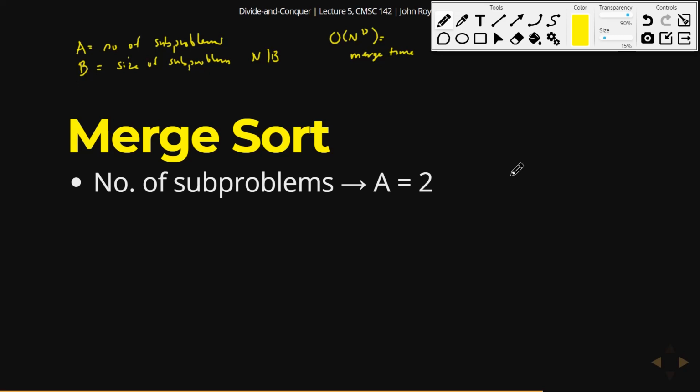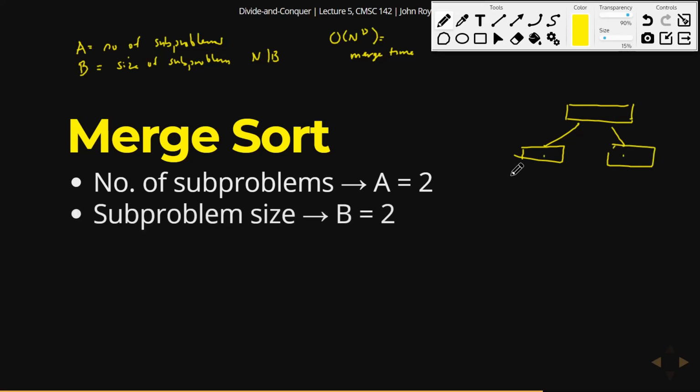So for merge sort, you have two sub-problems because sorting the original array, you sort the left half and the right half. So you're solving both, right? So you have two sub-problems to solve. And then the sub-problem size is n over 2, because you're dividing it into half, right?